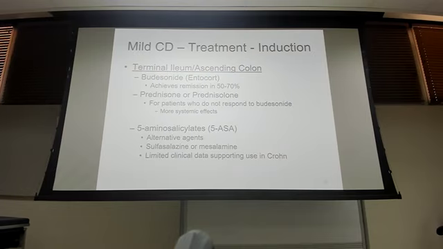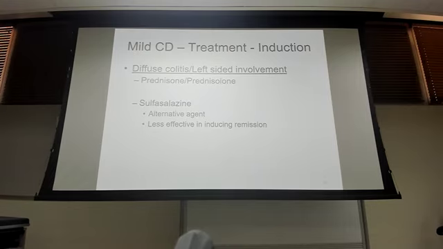Occasionally, we'll use 5-ASA, mesalamine or sulfasalazine, in our CD patients with mild disease. There's limited clinical data on the 5-ASAs for Crohn's, which is the exact opposite for ulcerative colitis. So just remember that the 5-ASAs have limited clinical data in Crohn's. Occasionally, we still will use them.